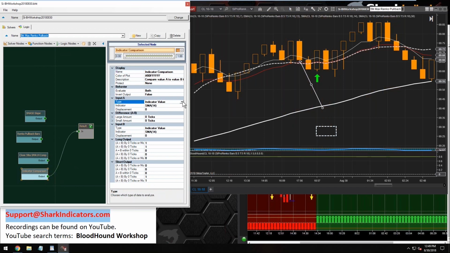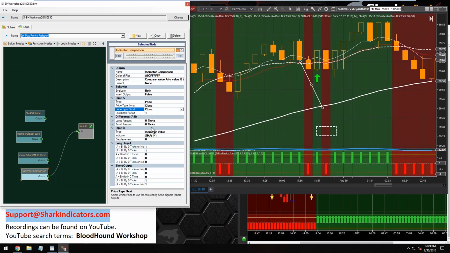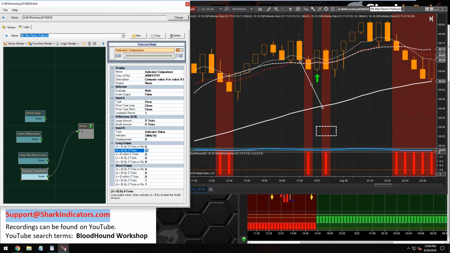And again, input A will be the closing price of the bar. Input B is our SMA 14, that's our faster moving average. And this time, for our outputs here, I'm going to set them all to 0 again.